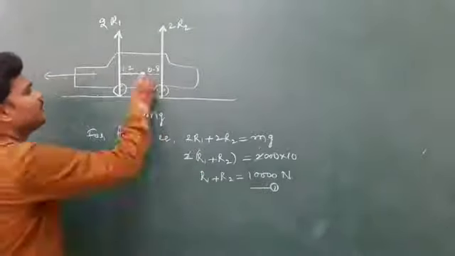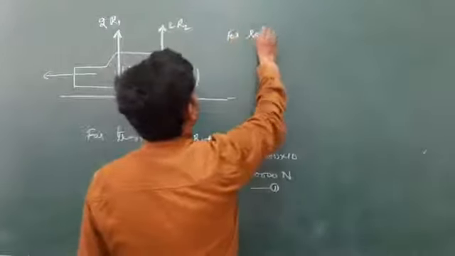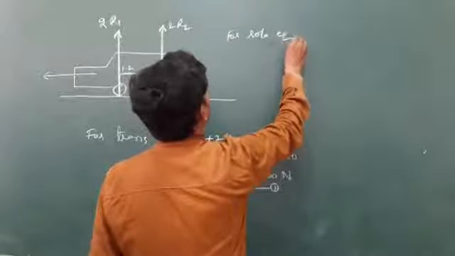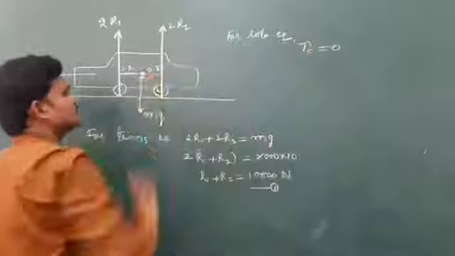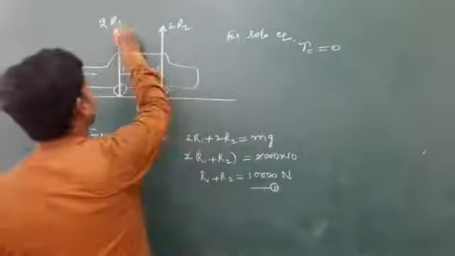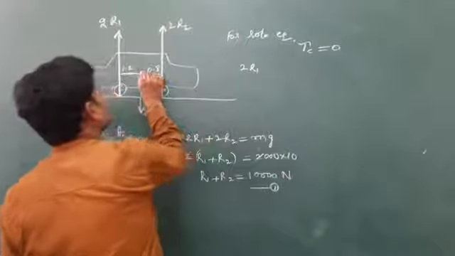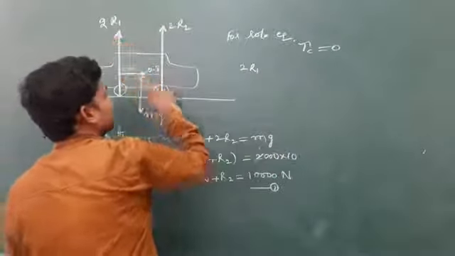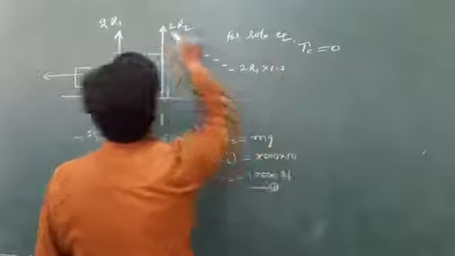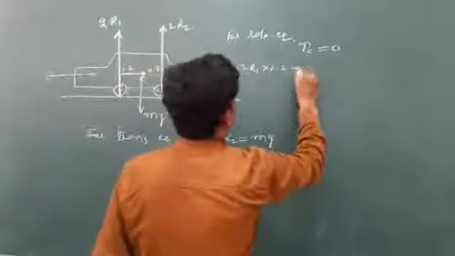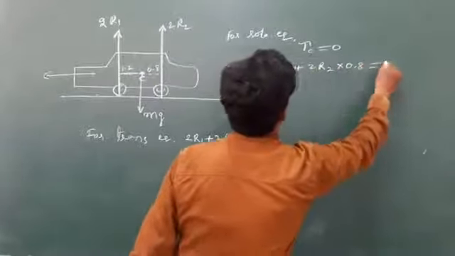Then for rotational equilibrium, take torque about any point as 0. Take torque about C as 0. Torque about C is 2R1 into this distance, and this arrow tip is on the right side, so minus, into 1.2. And this one is on the left side, so plus 2R2 into 0.8 equals 0.